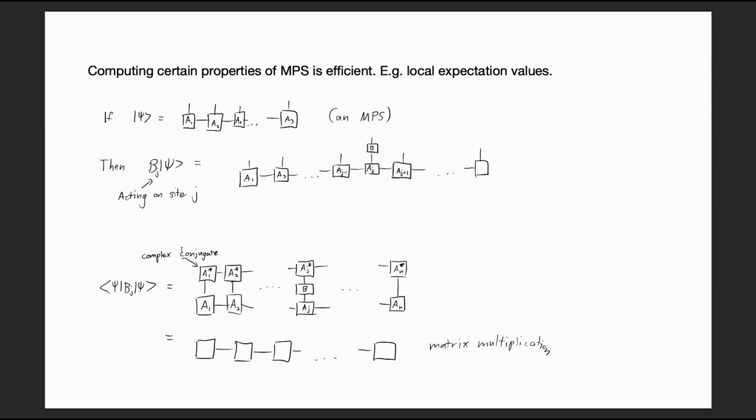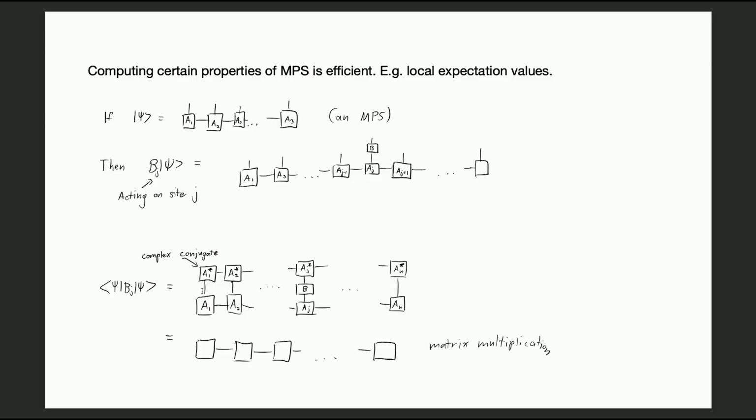Then to compute the expectation value, you would take this inner product. In tensor network language, this looks like joining the physical indices together between this state and its complex conjugate. Then you can evaluate this expectation value simply by multiplying matrices together.